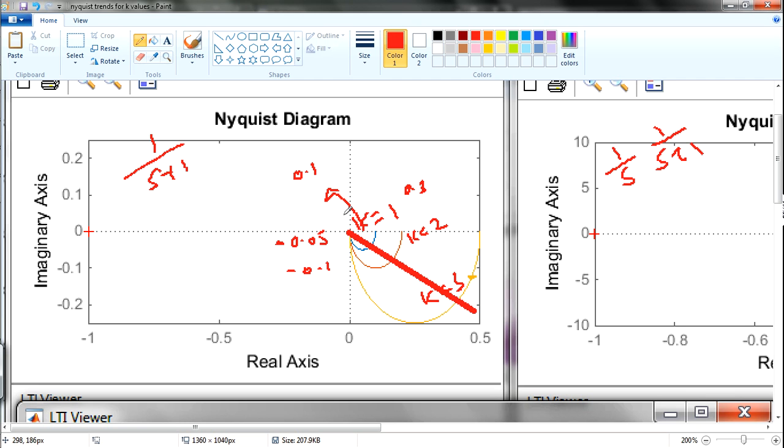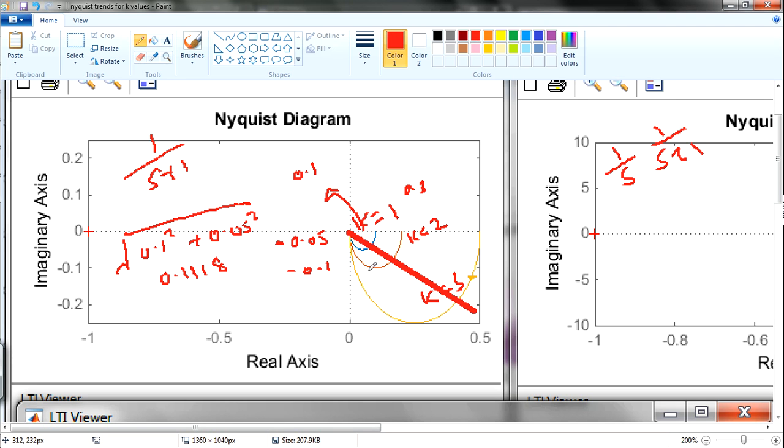If you were to find the magnitude, this blue line's magnitude will be smaller than the magnitude over here. If you were to calculate the square root of 0.1 squared plus 0.05 squared, this calculation is for the blue one. You have some values, it will be 0.11118, something like that.